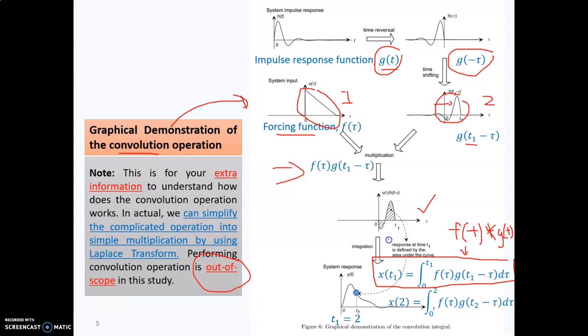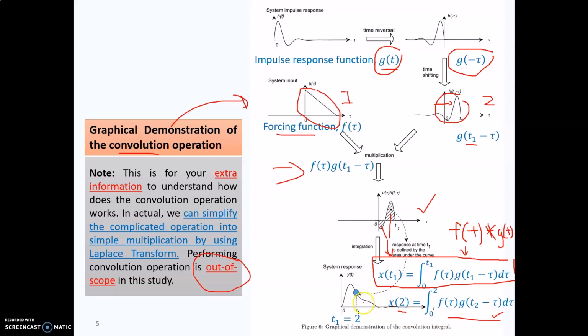By finding the area within this curve, you obtain the answer for x(t1). So let's let t1 be 2 in this case. You can substitute all the t1 by 2, then you are able to find the magnitude of x when t is equal to 2 by using this formula.